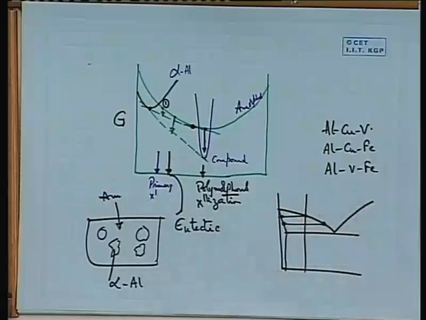Okay, so you will have that kind of a situation, but that situation is not the lowest free energy situation, isn't it? Because the amorphous phase is never a stable phase. If you hold it for a long period, that amorphous phase has to transform to something.